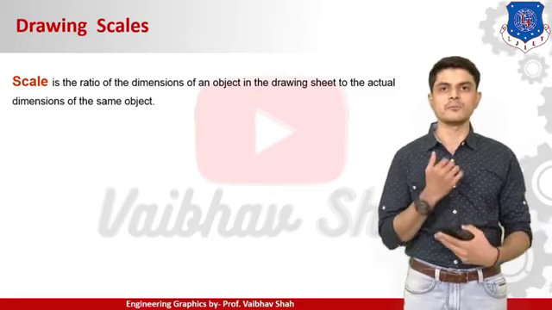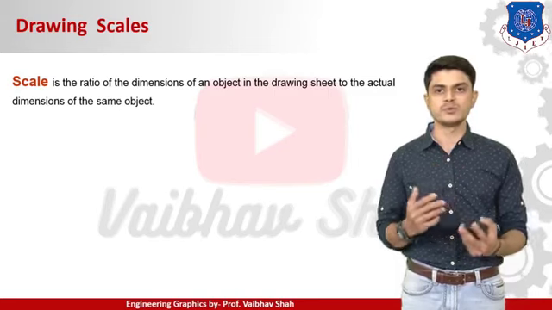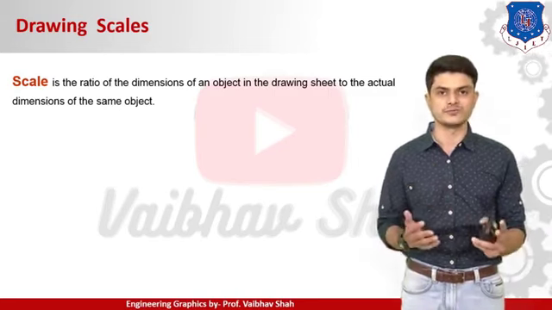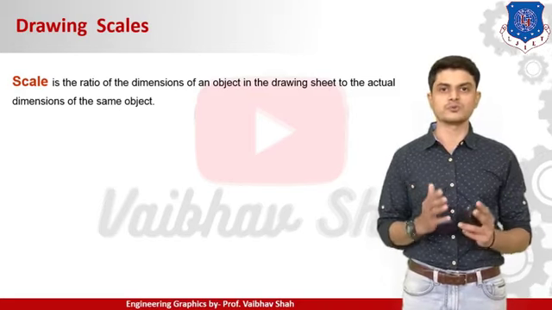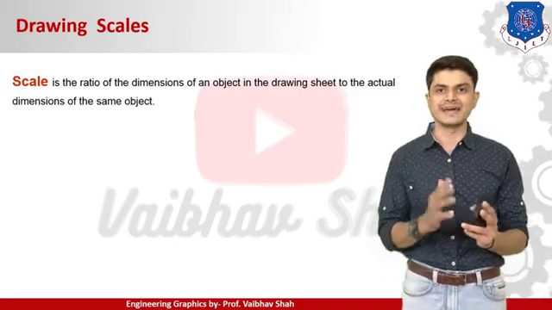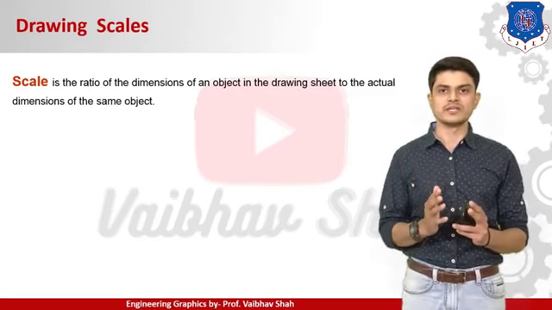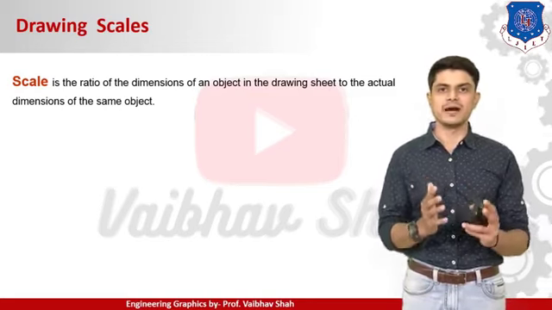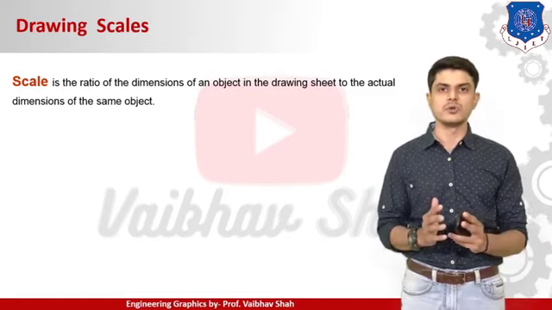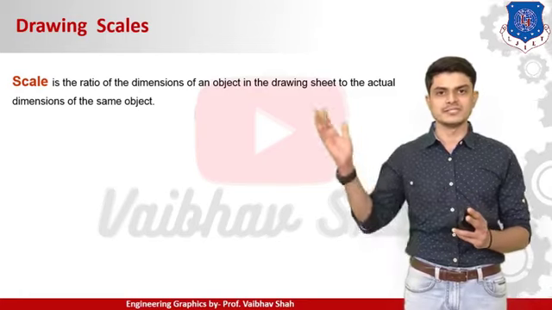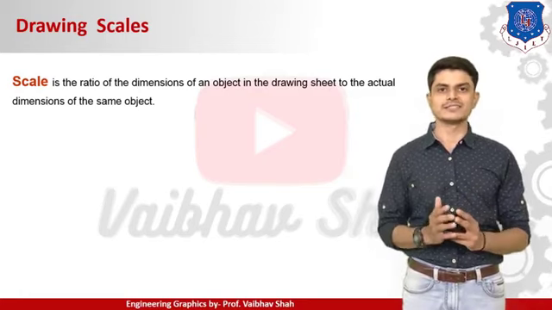If you need to draw the component drawings of a watch, you can't even see the components, so how can you draw the watch parts on a drawing sheet? It is not always possible to draw any object directly on a drawing sheet. At that time we need the scale. We need to scale down or scale up the dimensions in order to have clear visibility and understanding. For that we'll be using this kind of scale. So let us understand its definition.